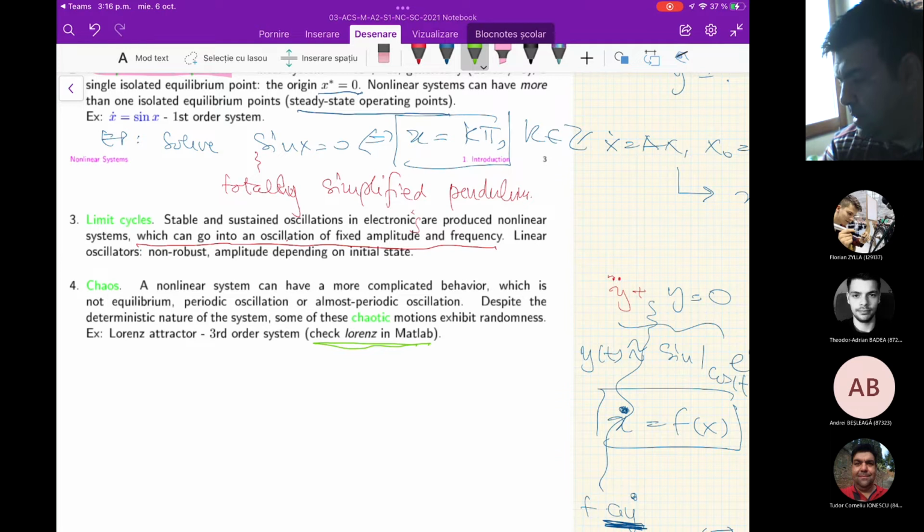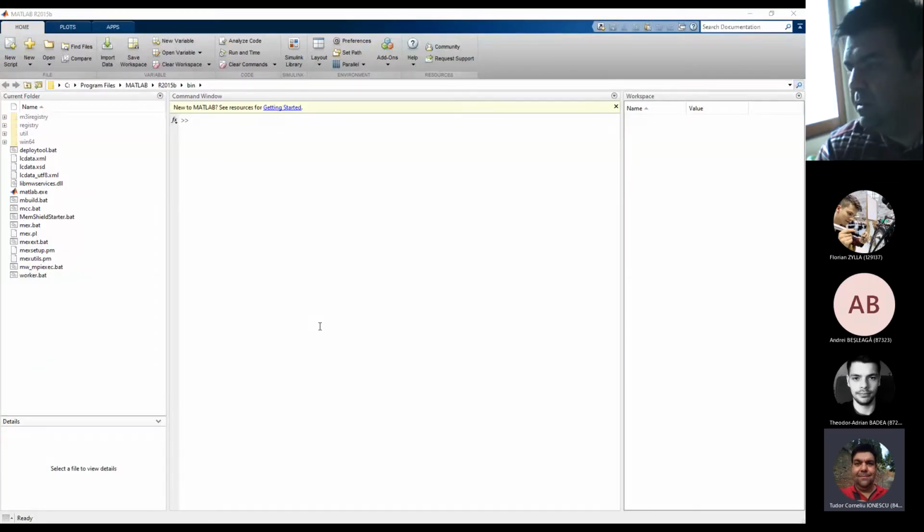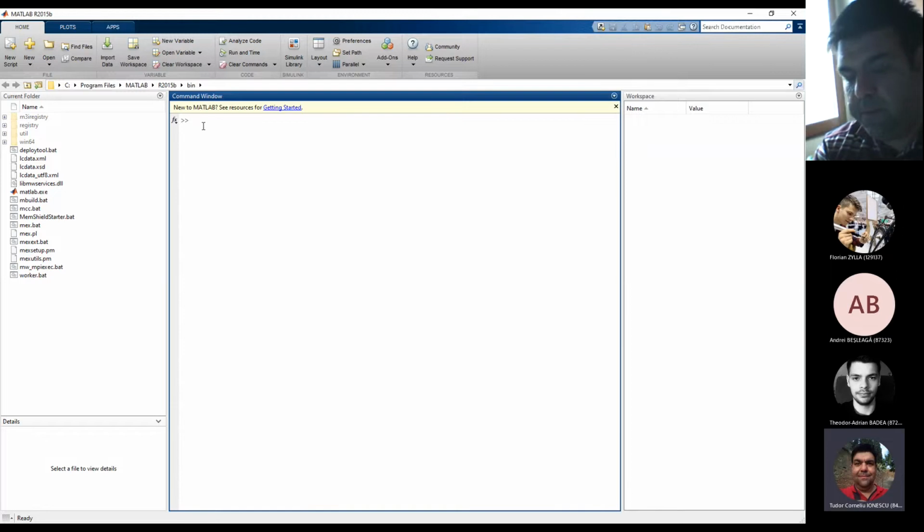So let me try to share a different screen. All right, can you see my MATLAB screen? Yes. All right, and let's just type in Lorentz.